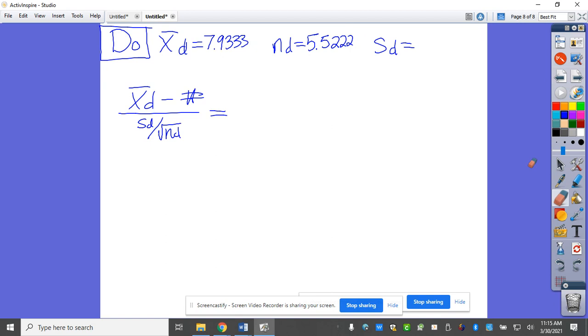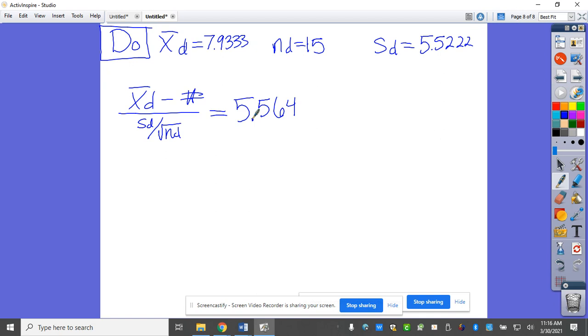Oh, I did this in another order. And my N is 15. And this, with my numbers plugged in, gives me 0.564. If I round it to 3 decimals, t.